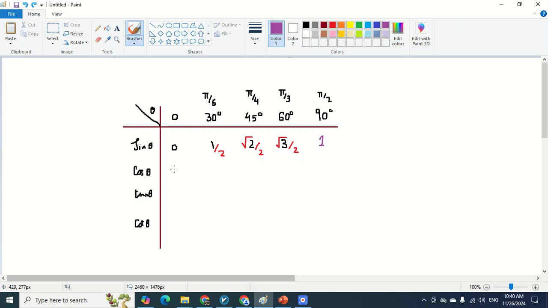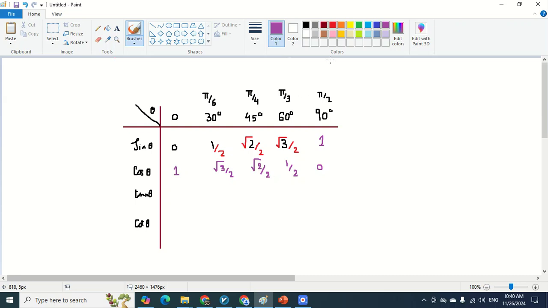So you write 1 over here, 0 at the right side, root 3 over 2 instead of 1 over 2 and 1 over 2 at the right side, because if the sum of two angles is 90 degrees, then the sine and cosine are the same. Then root 2 over 2 in the middle.